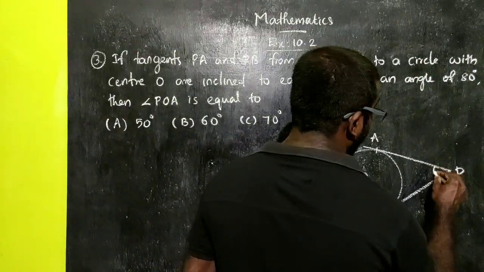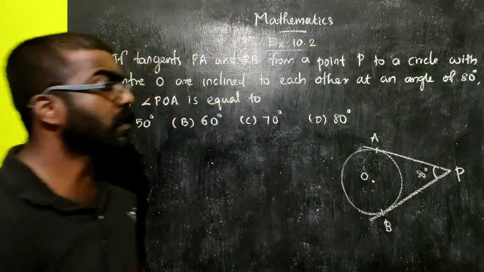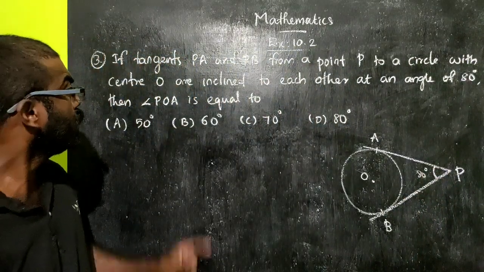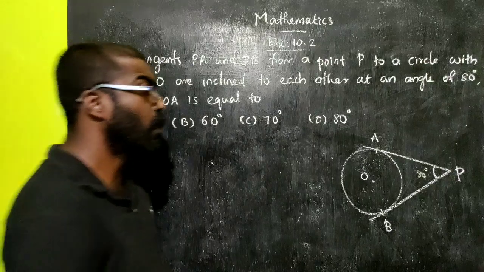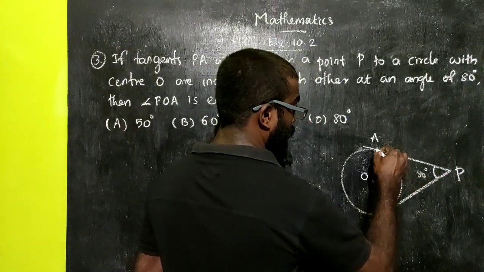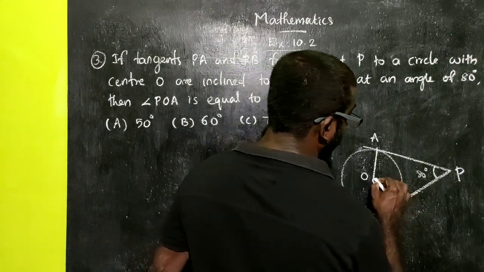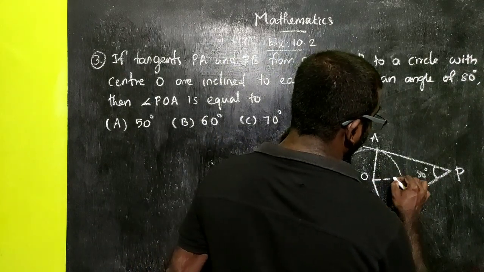So here we can mark 80 degree. We have to find angle POA. So that we have to join OA, OB, then OP.